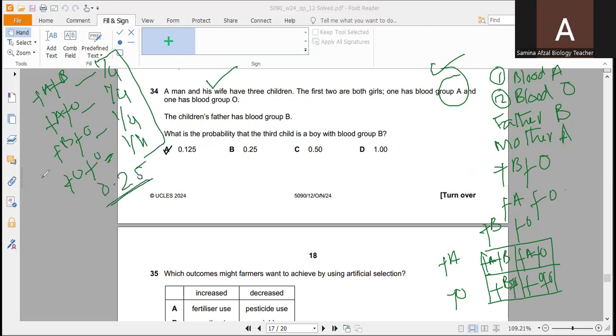Now the next part: what is the probability that the third child is a boy with blood group B? There is a 0.25 possibility to get blood group B, but the child should be a boy. We have to find that out. Now we will write here the probability of a boy with blood group B.